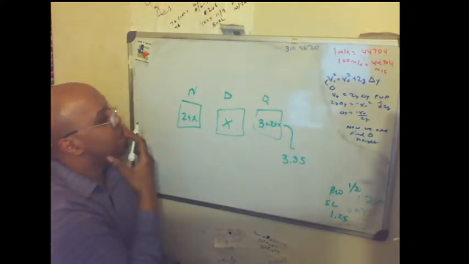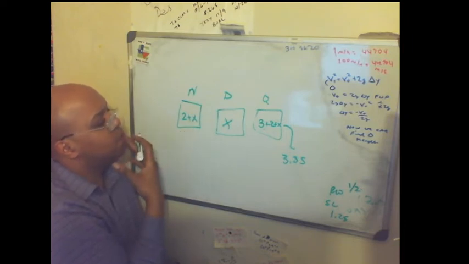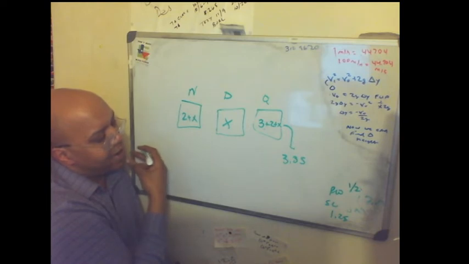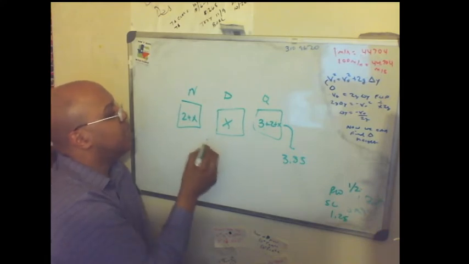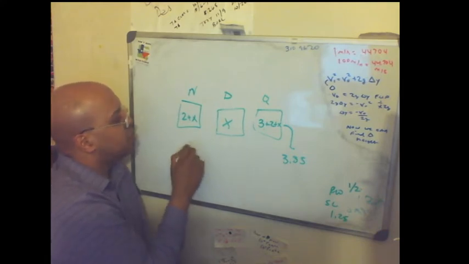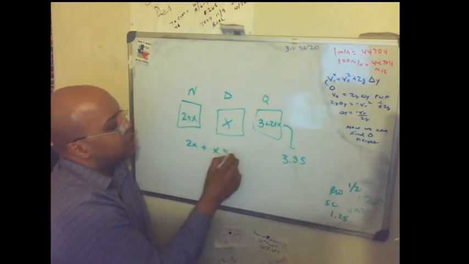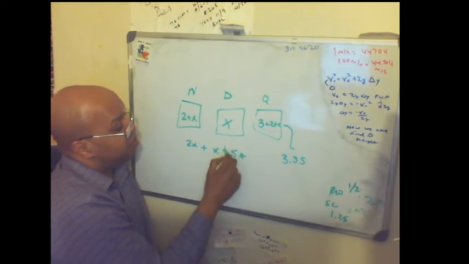I haven't seen a question like this in a long time. I'll show you normally what I do get, which is more likely what you'd see, but I want to just see if this works. 2x plus x plus 5 plus 5 plus x.